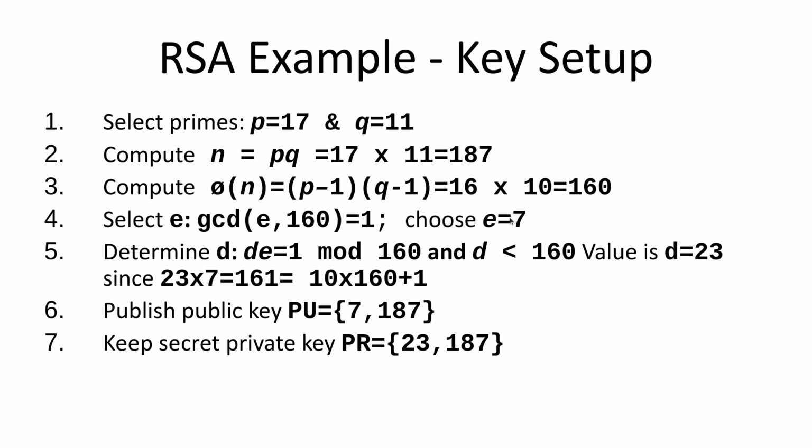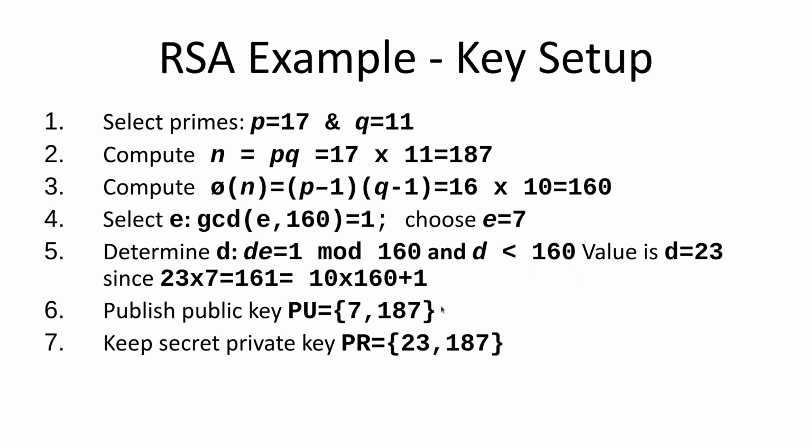The inverse can also be found with your calculator, so please do that. 7 into 23 is equal to 161, so mod 160 the remainder is 1, and the D value should also be less than 160. So now we have got both E and D.